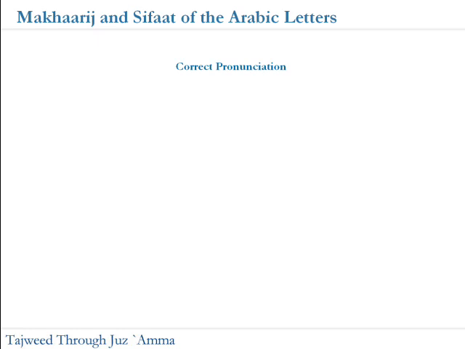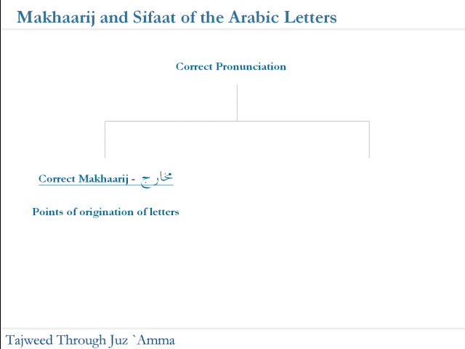And they're related to your correct pronunciation of the Arabic letters. Now, in order to get the correct pronunciation of your Arabic letters, there are two things you must master. One is known as the makharij, which in English we know as the points of articulation of the letters. This is a science in its own right, and we're going to learn which organs are required to pronounce the letters.